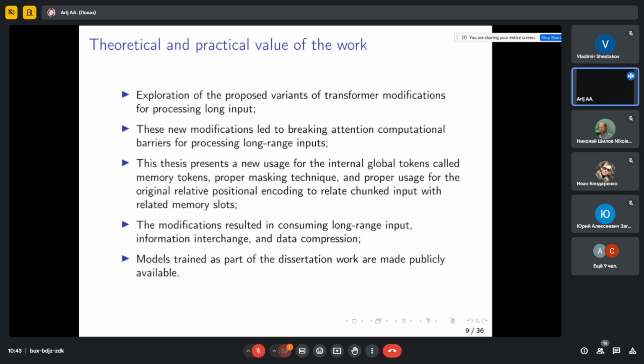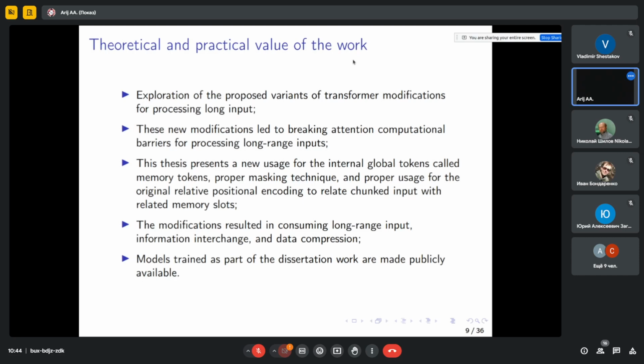And this thesis presents a new usage for the internal global tokens, which I call memory tokens, and proper masking technique with proper usage of the relative positional encoding, either the original relative positional encoding proposed by T5 or by modifying it directly.